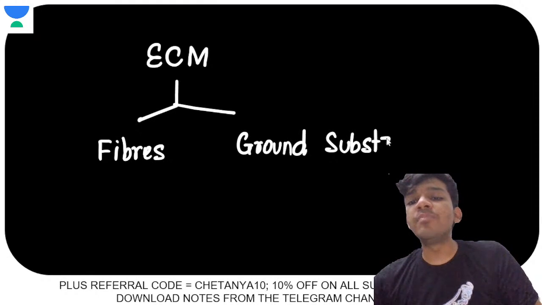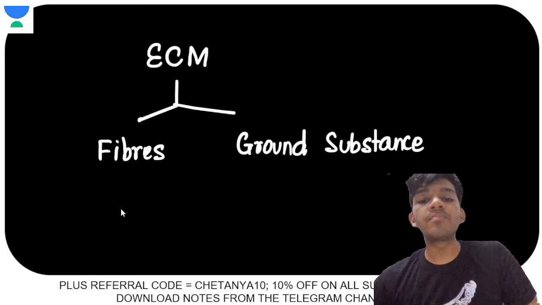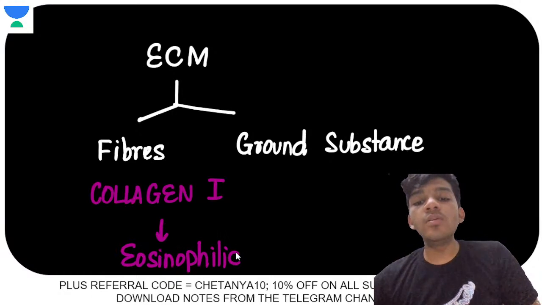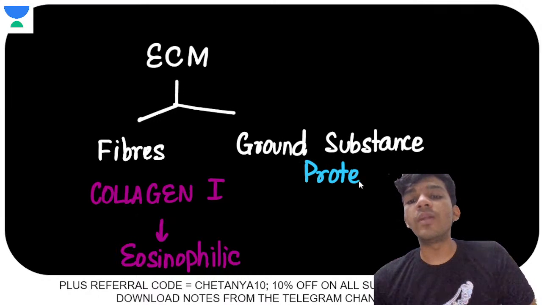You all know fibers, they appear pinkish, they are acidophilic, eosinophilic. Fibers are, for example, collagen. Which type is it here? Collagen type 1. This is clearly eosinophilic. Now ground substance has other proteins, right?